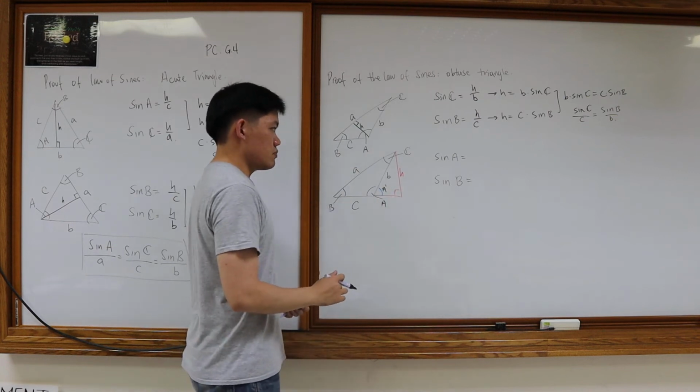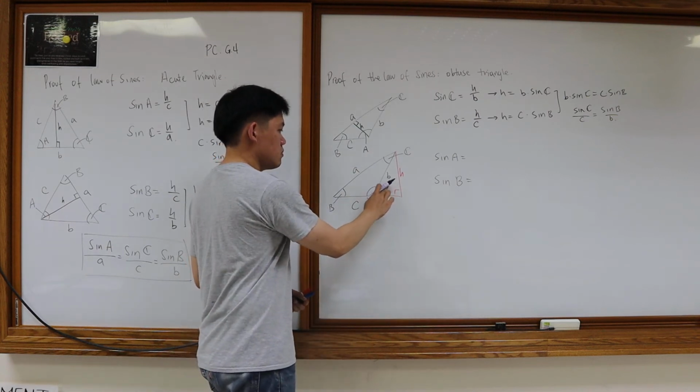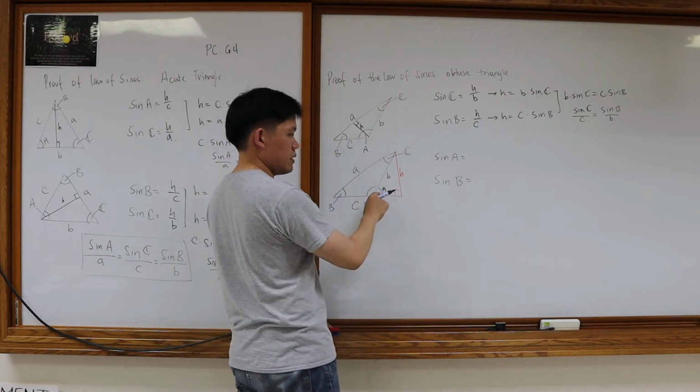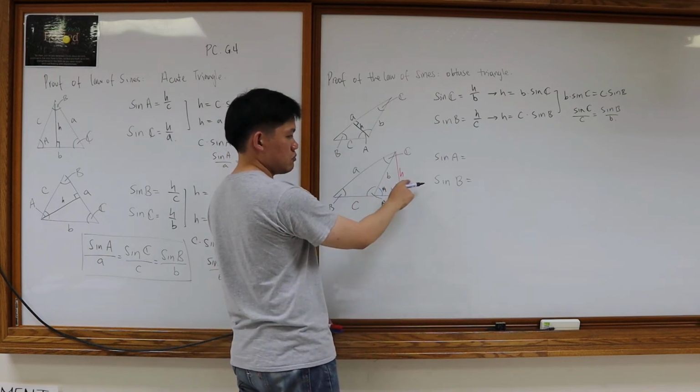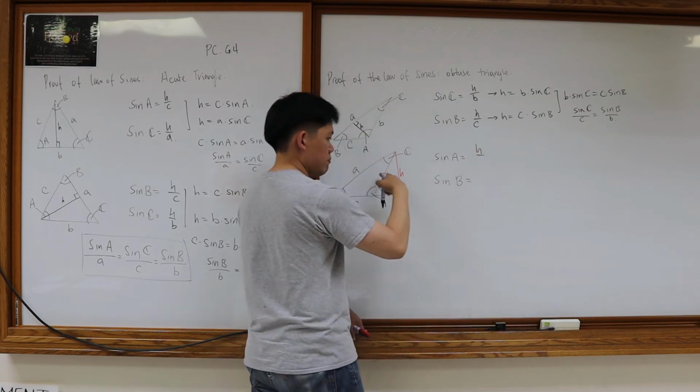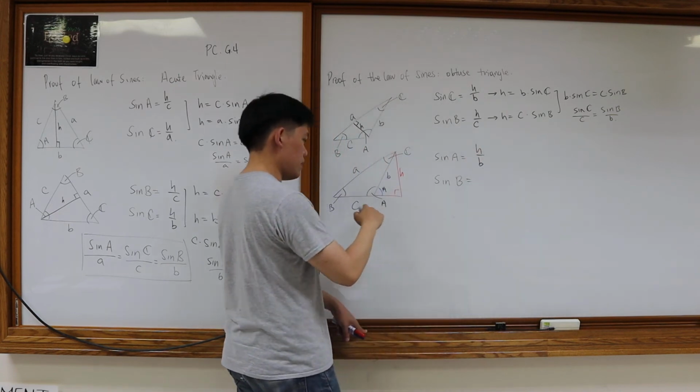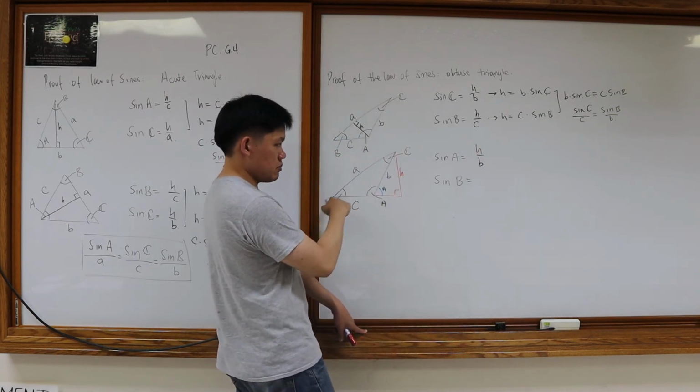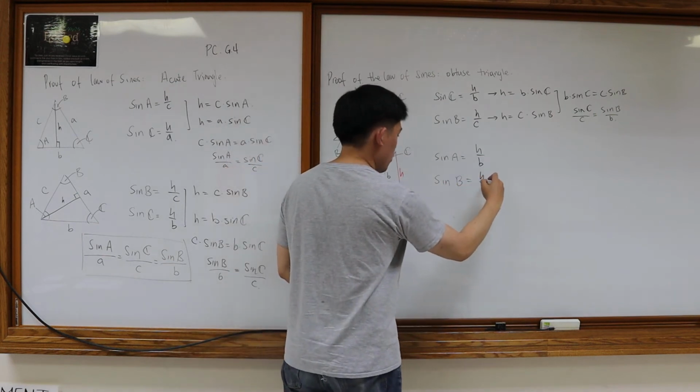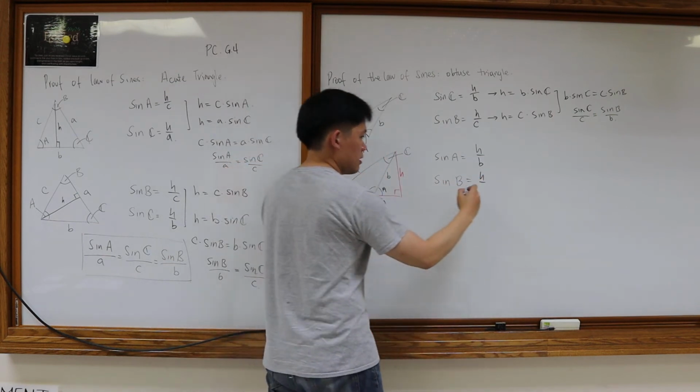So sine of A in this case is going to be opposite, which is h, over hypotenuse b. And angle B, again, is going to be opposite over hypotenuse a.